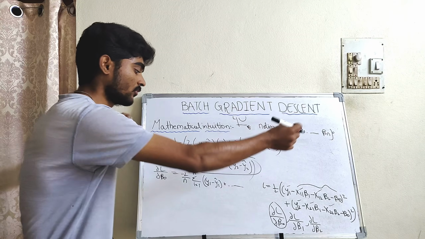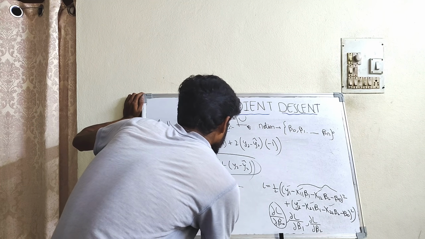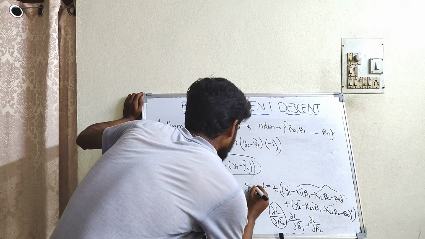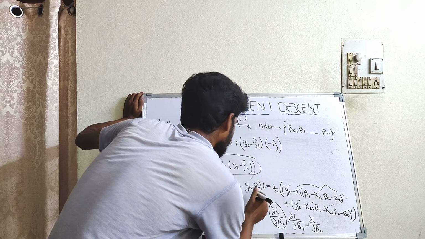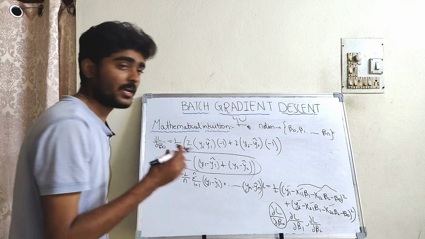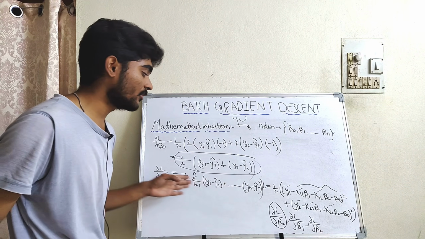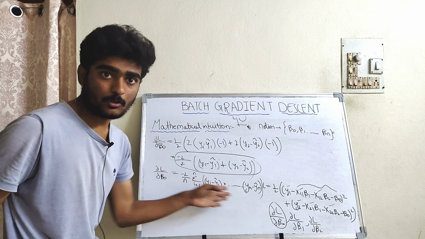So on up to n rows, that is yn minus yn hat. However many rows you have, that many terms you will have over here.